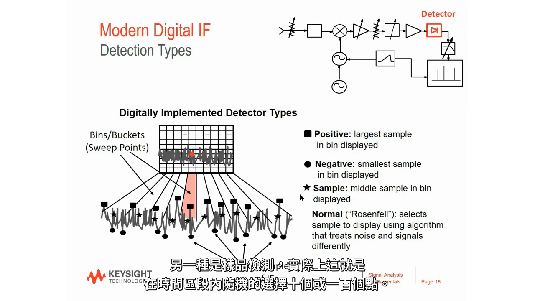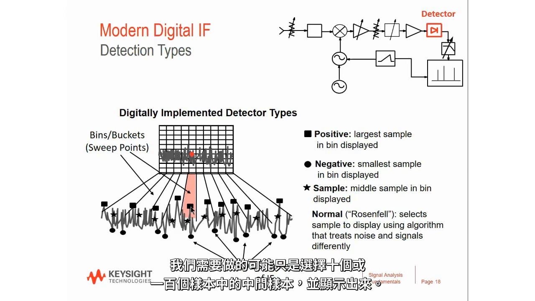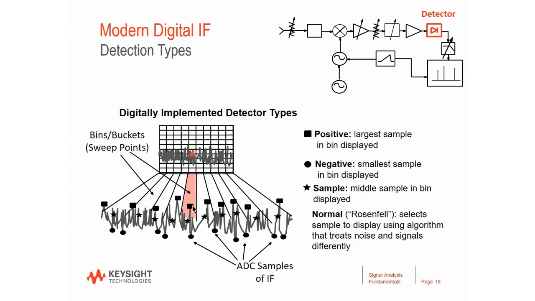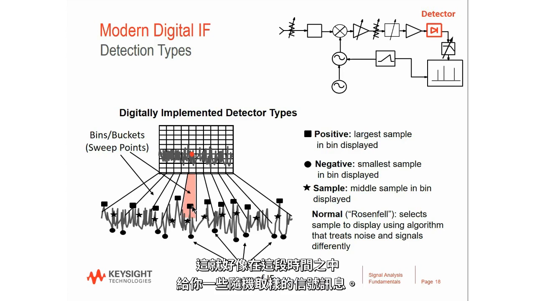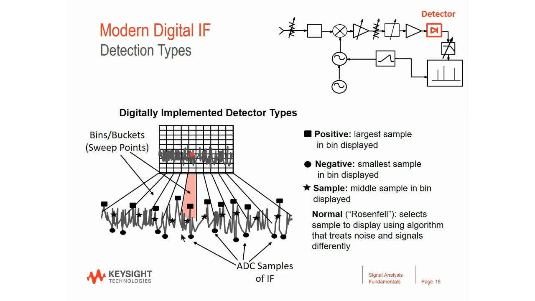Another detector type is sample detection. This is really almost the same as randomly choosing one of the 10 or 100 points in this time interval. What we're probably going to do in practice is just choose the middle sample out of the 10 or 100 samples and display that one. It kind of gives you a random idea of what the signal is doing during this time interval.